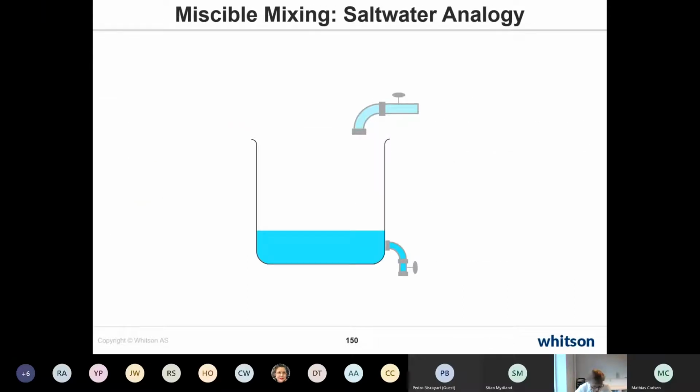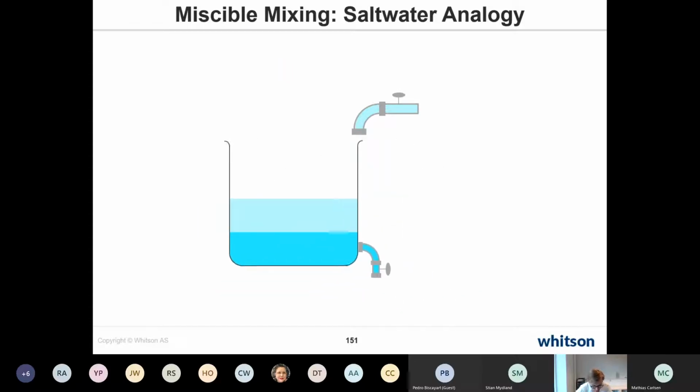And this is the last time I'll make this analogy, but this pure mixing analogy is freshwater, saltwater mixing. Start with a cup with half a cup of salt water, introduce half a cup of fresh water, and we stir this together.